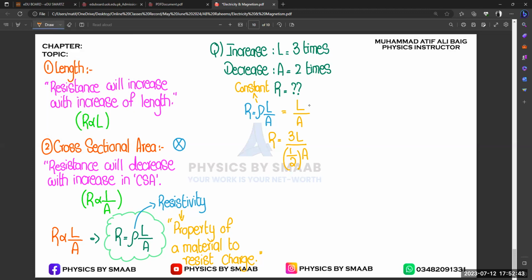So your final answer will be like R is equal to, now we need to flip this equation, and this equation will be 3 times 2 over 1, right? Because in the denominator we have 1 over 2, and when we flip this, it will be 2 over 1. And remove this L or A, because we are not going to calculate the numbers again, we just need to answer in an equation.